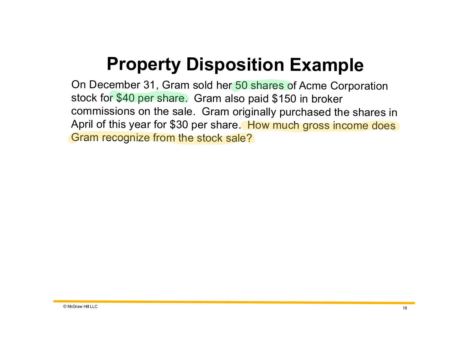So then in total, 50 shares times $40 per share, that gets us $2,000 for a sales price.